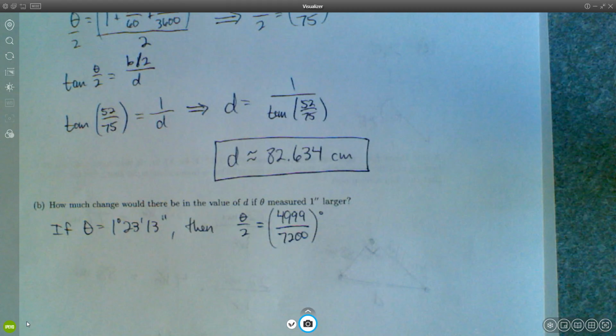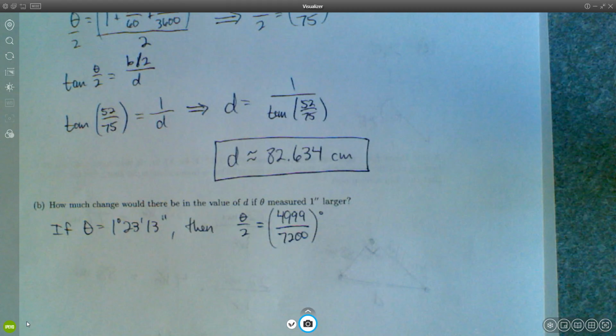That comes out to about 82.618 if we go to 5 sig figs. The question is, how much change is there in the distance? Well, you would subtract this from that, right?